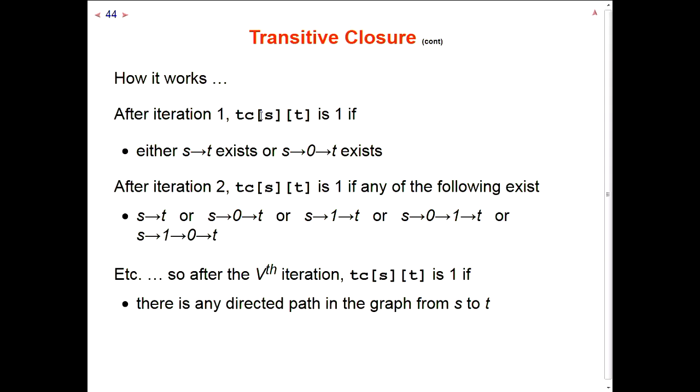But now you can extend this by saying that after iteration 1, this transitive closure array would have a 1 if either this is a direct edge and it was initialized as you can go from S to T, or there exists a path of length 2 via that node 0. You can go from S to 0 with a direct edge, and from 0 to T with a direct edge.